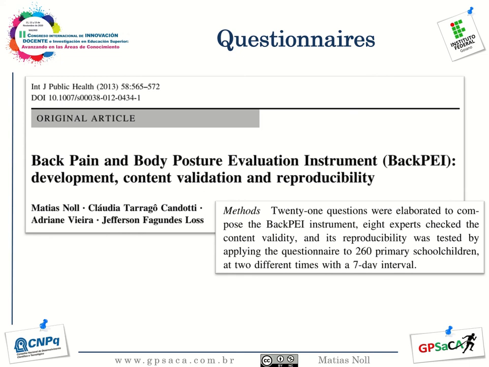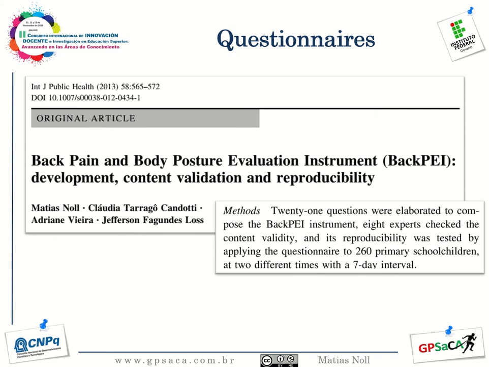Second, a literature review, in which the objective was to identify the most practiced activities and the mode of execution by the children. Third, a literature review to identify the existing instruments for the evaluation of back pain, specifically for school age. Then, based on that, we drafted the first version of the back pain questionnaire.